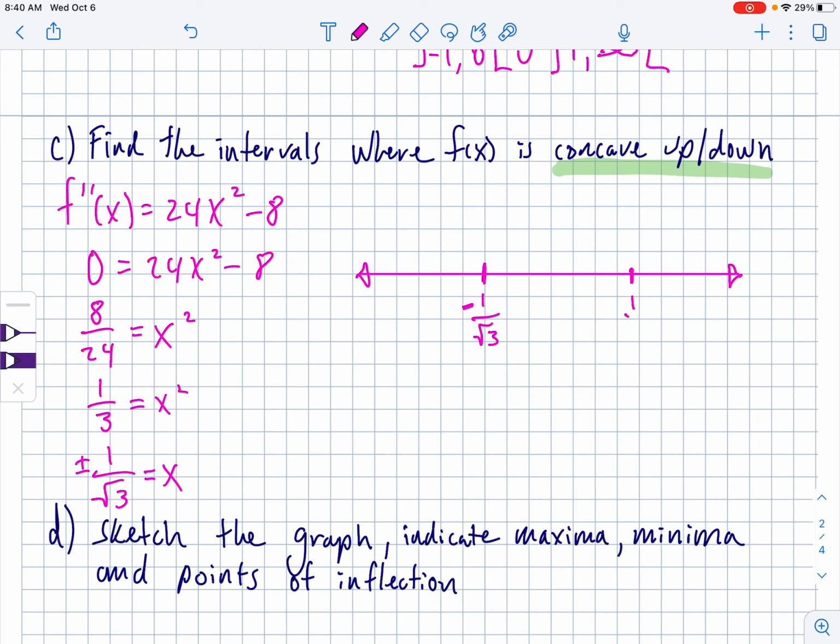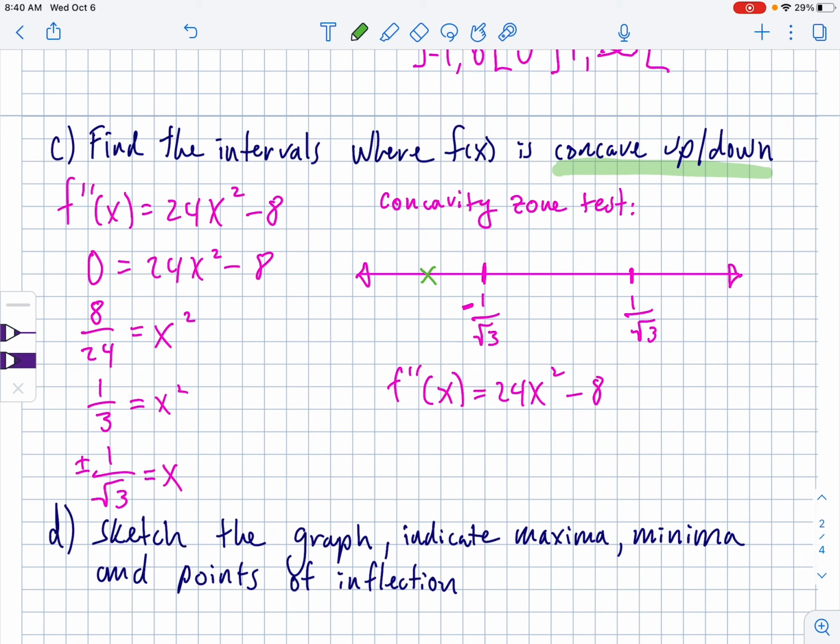So I'll put this as -1 over the square root of 3 and this as 1 over the square root of 3. So then we will do a concavity zone test. And we will do that with the second derivative, which is f double prime of x is equal to 24x squared minus 8.